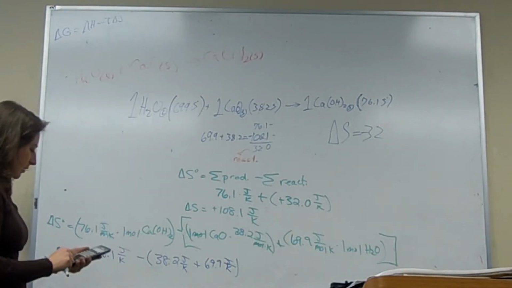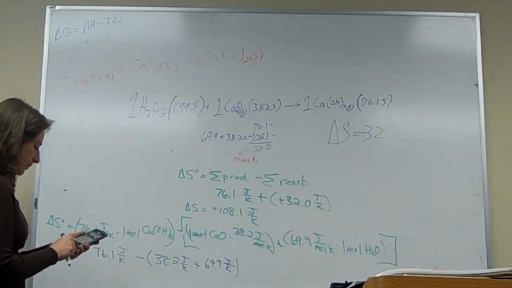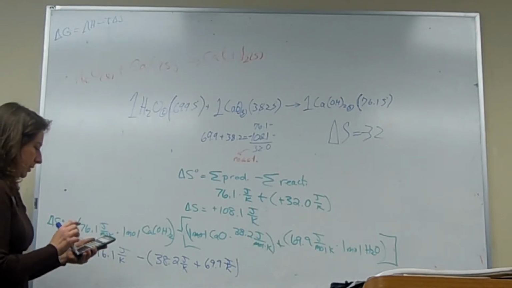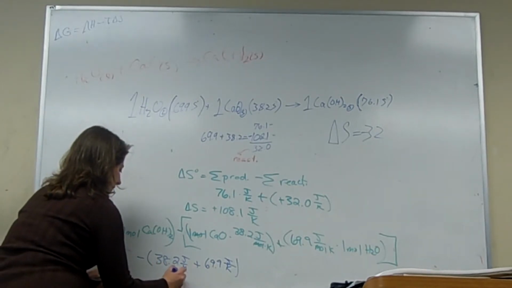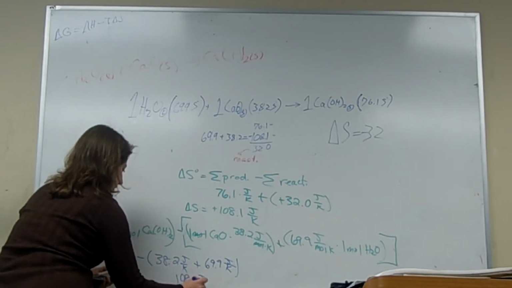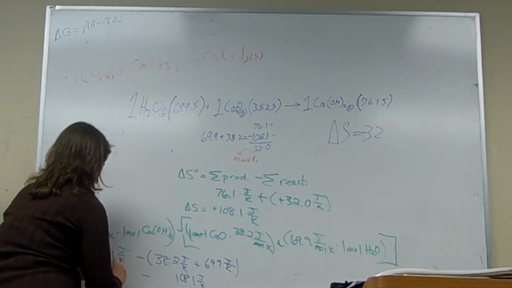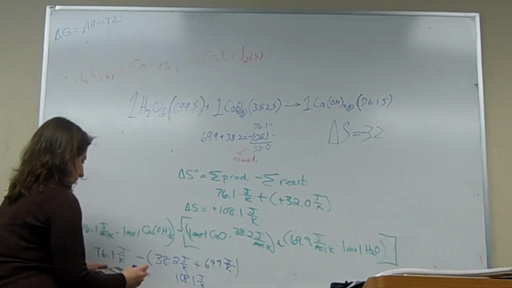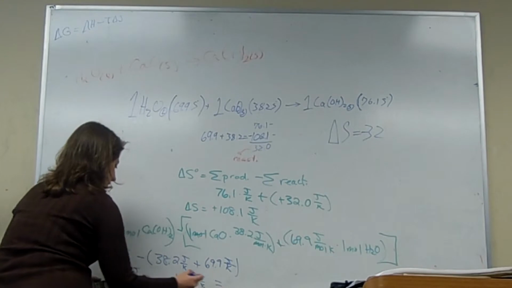Alright, so if we get 38.2 plus 69.9, this is 108.1 joule per Kelvin. And I end up subtracting, so I'm going to end up with a negative.